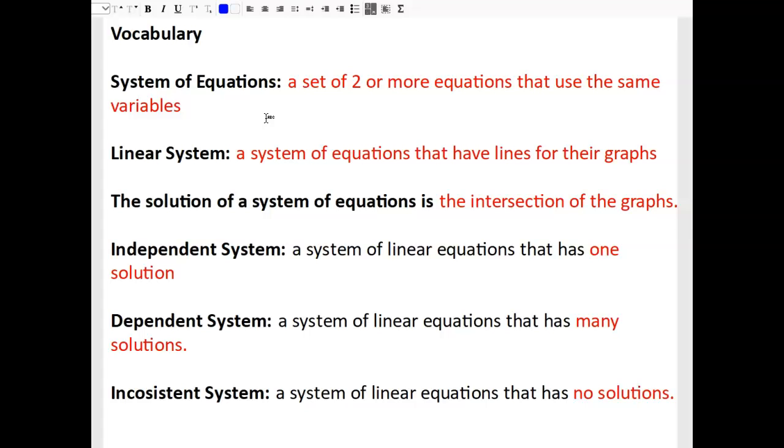And an independent system, or a system of linear equations, has one solution. So an independent system is a system that has one solution. An independent system is an intersecting set of lines.